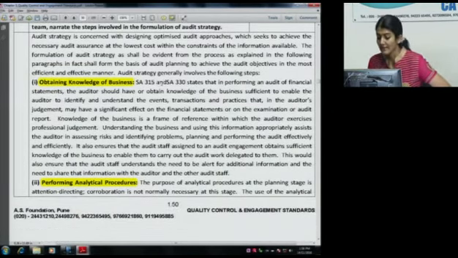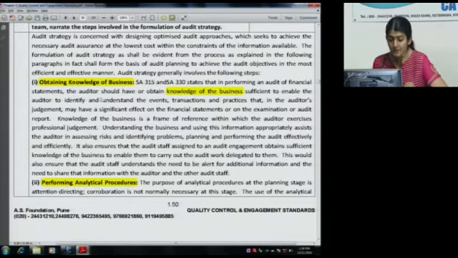So it says SA 315-330 states that in performing an audit, the auditor should have sufficient knowledge of the business, sufficient to enable the auditor to identify and understand the events, transactions that in the auditor's judgment may have a significant effect on financial statements. Knowledge of business is a frame of reference for which auditor exercises professional judgment.